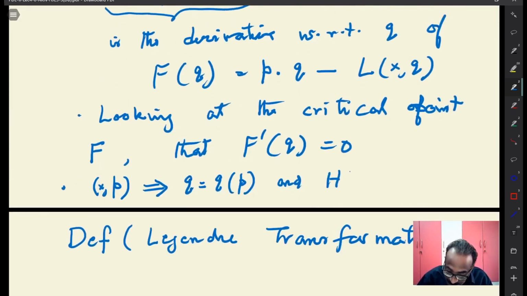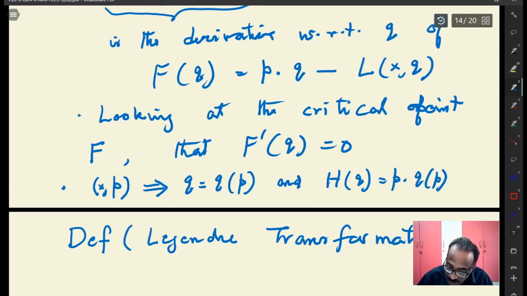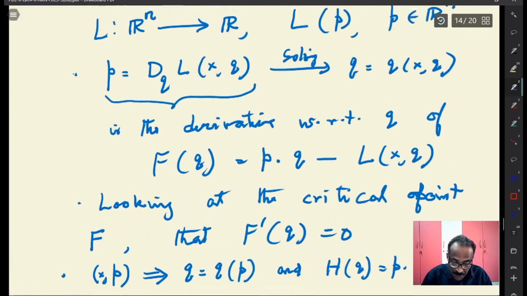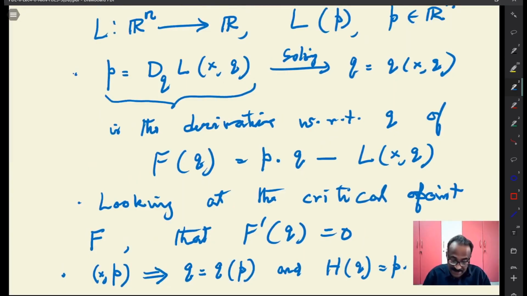So when you define H, you basically define P dot Q of P minus L of X, Q of P. In the previous case, the equation P equal to dQ of L is the critical point of F of Q, and H is nothing but the maximum value. So this is a maximizer. It maximizes at Q equal to Q of P.